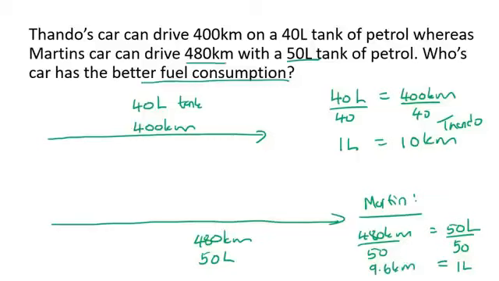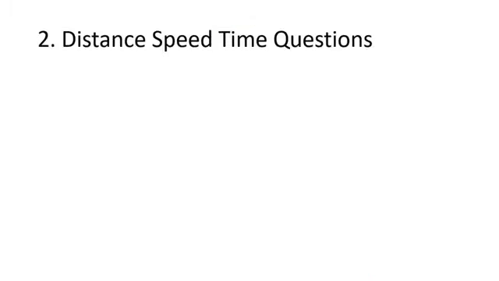So if you only put 1 liter of petrol in Thando's car, he can go 10 kilometers. If you put 1 liter of petrol in Martin's car, he can drive 9.6 kilometers. So Thando's car can drive further with 1 liter of petrol. So Thando's car is better with fuel consumption. So the answer here will be Thando.